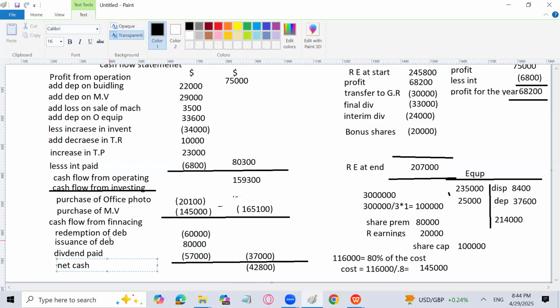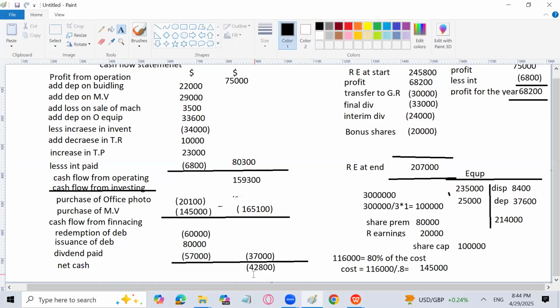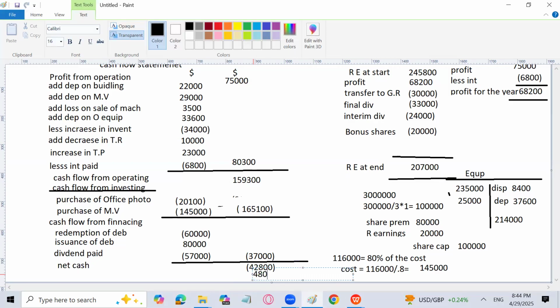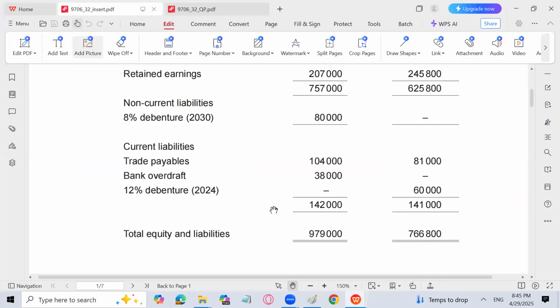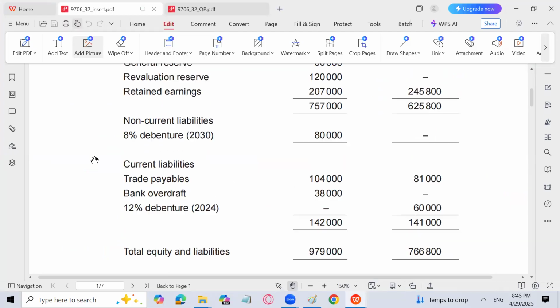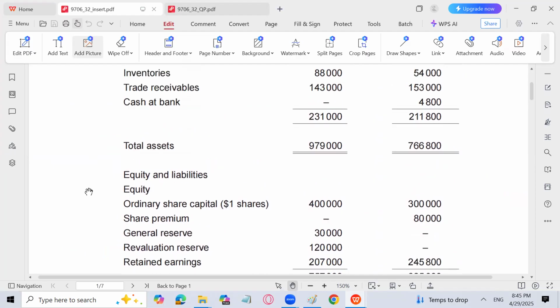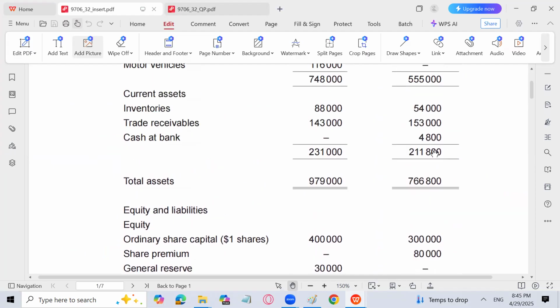Now we will add cash and cash equivalent at the start, which is 4,800 positive. And you will have cash and cash equivalent at the end, which is 38,000 negative. Net cash is 42,800 negative. If you look at the question, at the end we have a bank overdraft of 38,000 negative. At the start we have a positive cash at bank of 4,800.